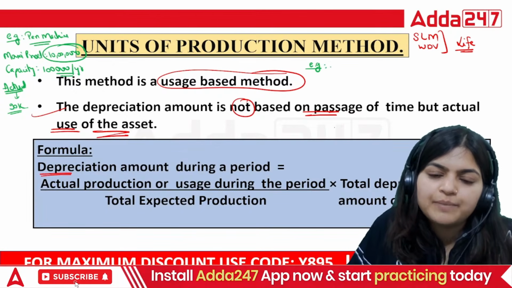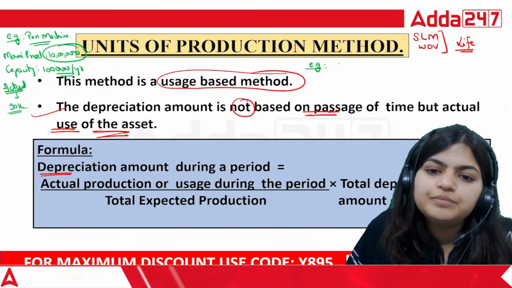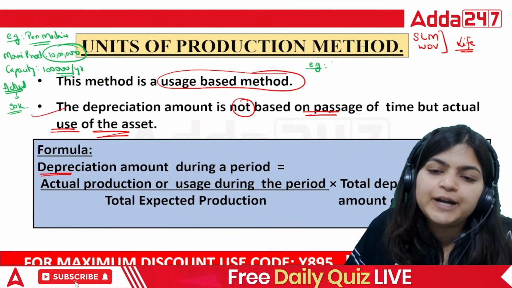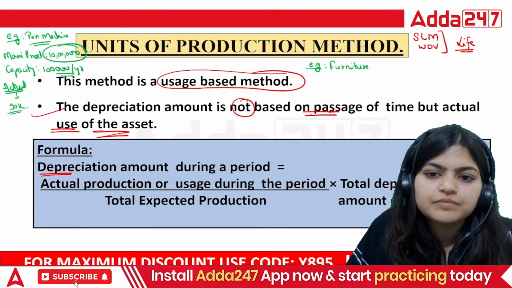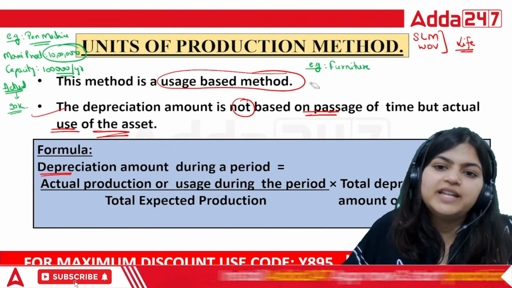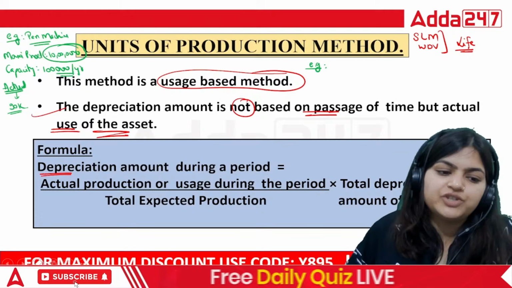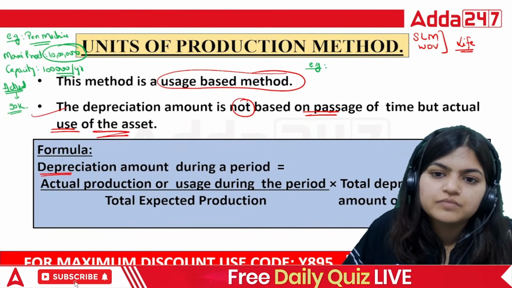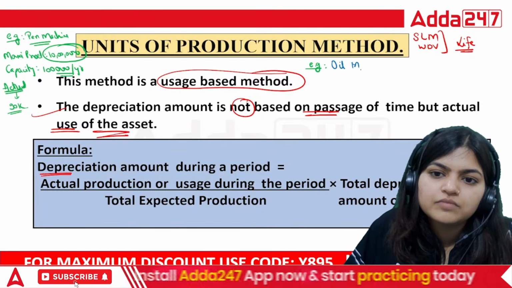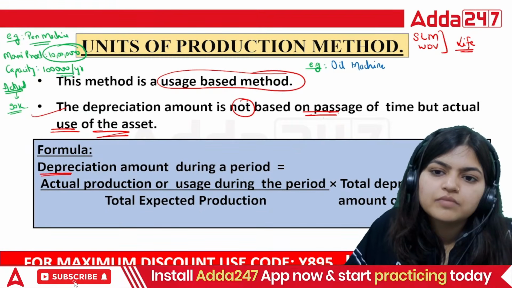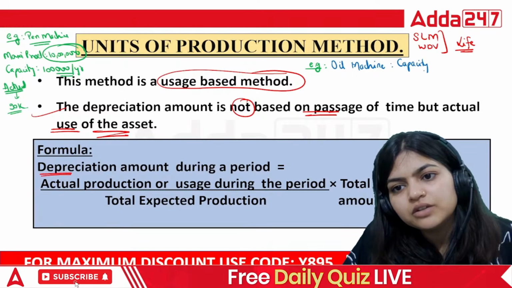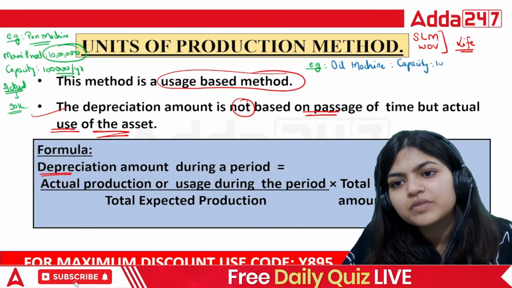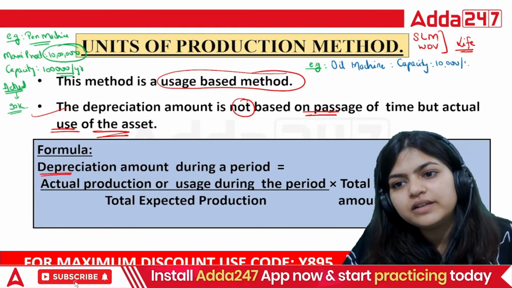Let's take one more example. Now let's say I purchased one machine, let's say a furniture machine. Okay, wait, let's take an oil machine. I know that the capacity of that oil machine on a yearly basis is only 10,000 liters.